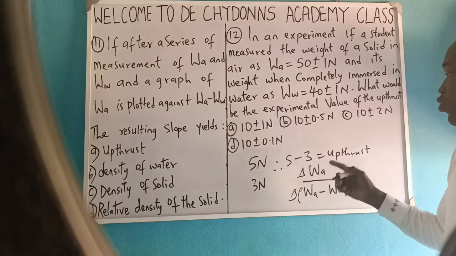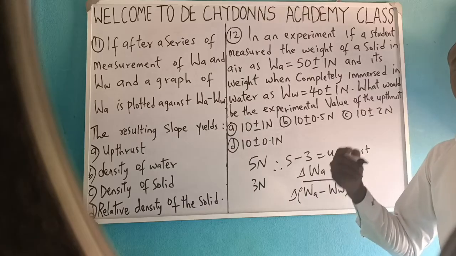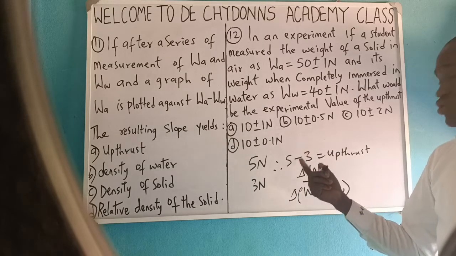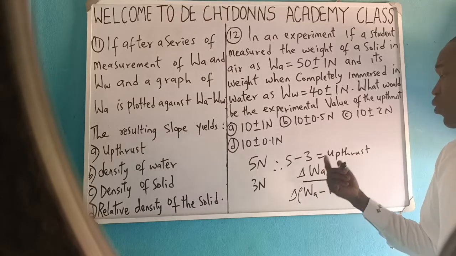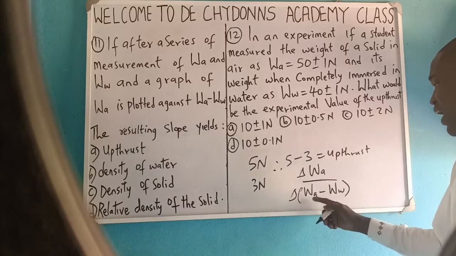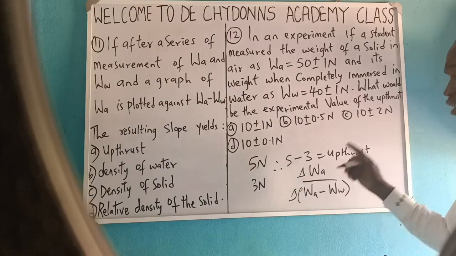We can also say mass of a substance all over mass of equal volume of water. Using Eureka can, you just take that one. We also have weight in air minus weight in liquid all over weight in air minus weight in water. So we have so many formula for relative density. So this is one of it.